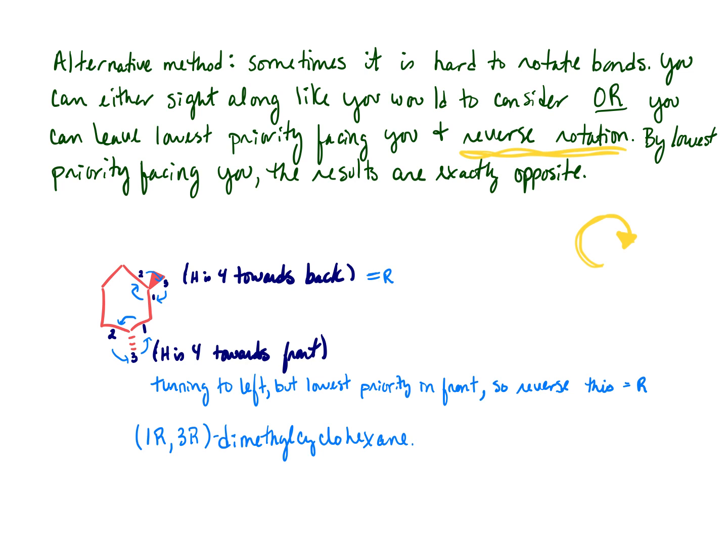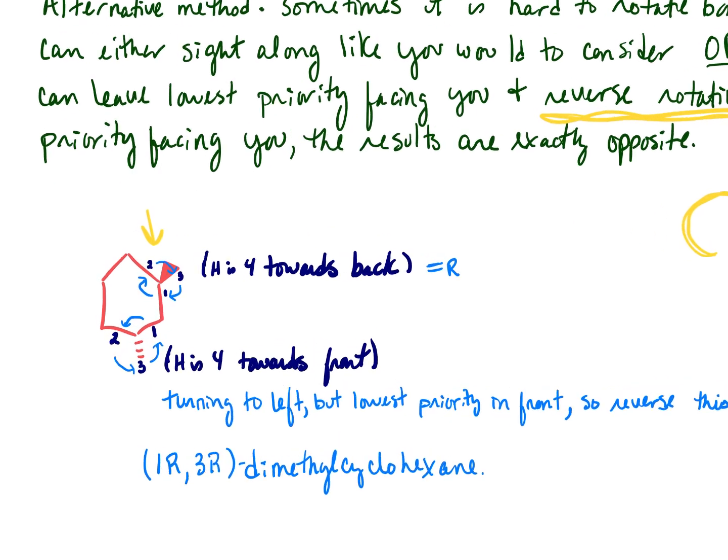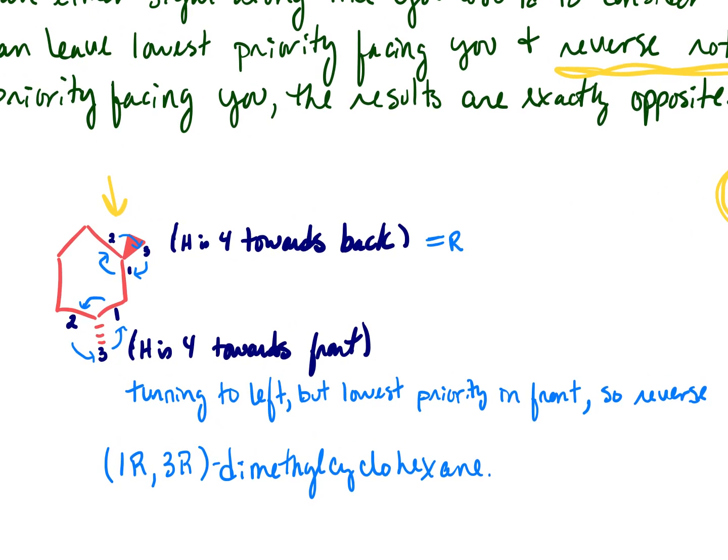So the first way, in this case, hydrogen's in the back, we continue to do what we did before. So 1 goes to 2, 2 goes to 3, 3 goes back to 1. This is an R. So we're good. We still got an R there. But on this bottom portion, we've got a hydrogen facing towards you, right?